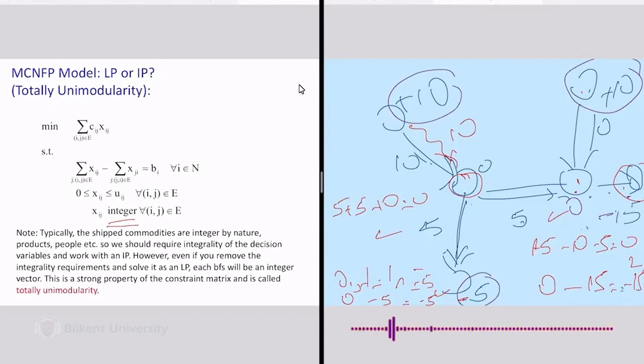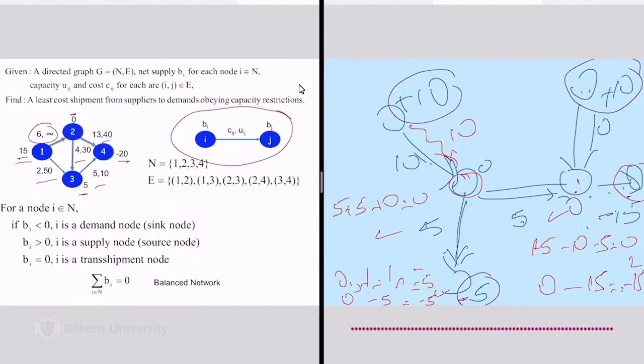So there may be an upper bound, if there is or not. If not, it's infinity. If there is an upper bound, your solution should obey the upper bound. Like you cannot send more than 10 units over this arc because the upper bound of that arc is 10. Okay, you have to obey that, if it is there. In the example I drew there, I didn't put any.